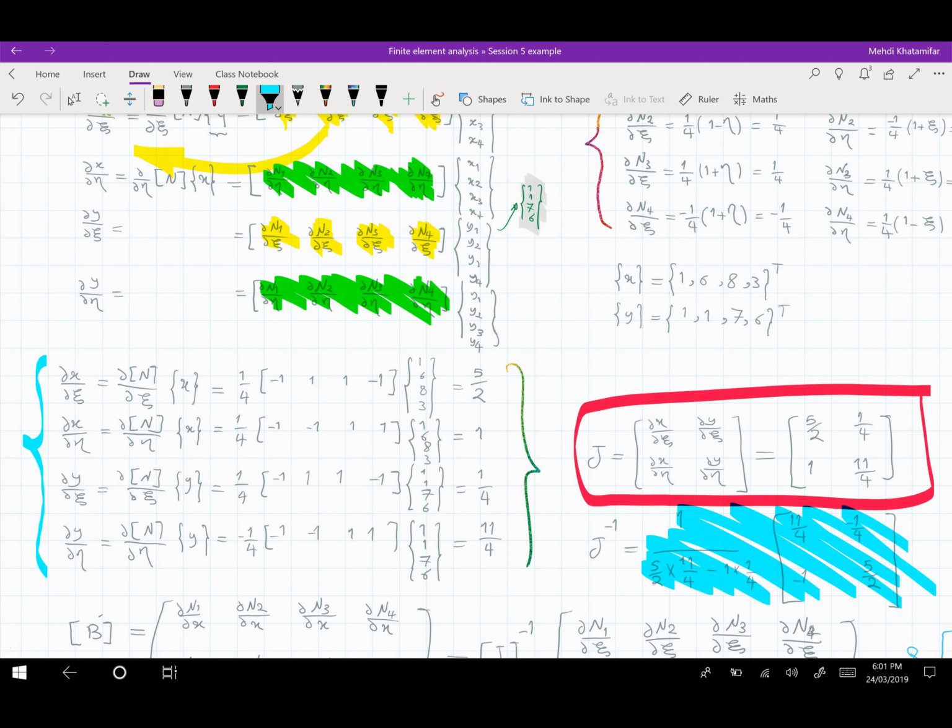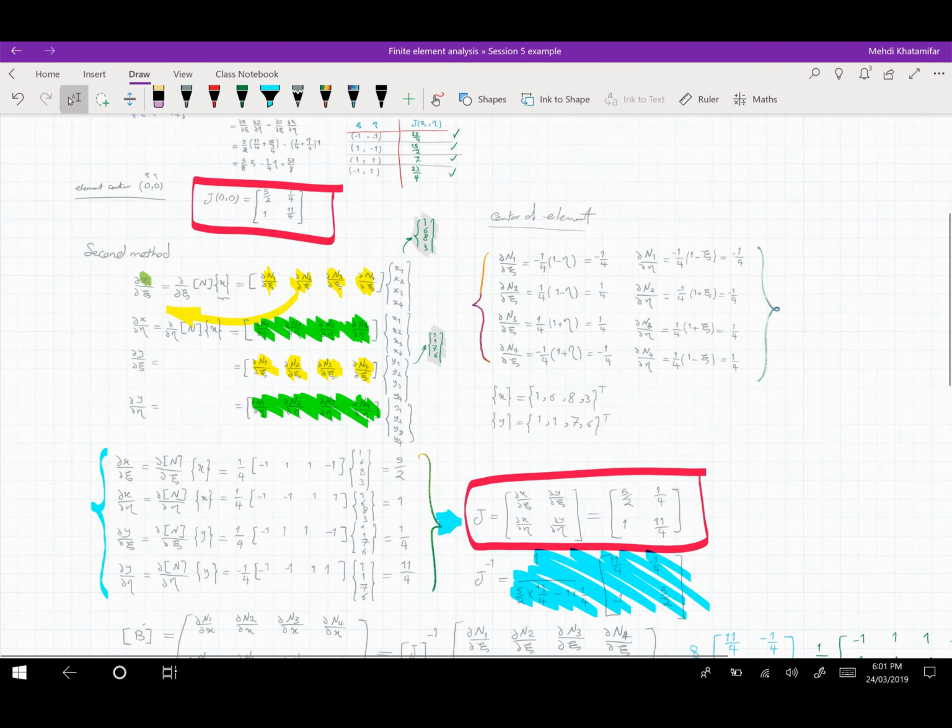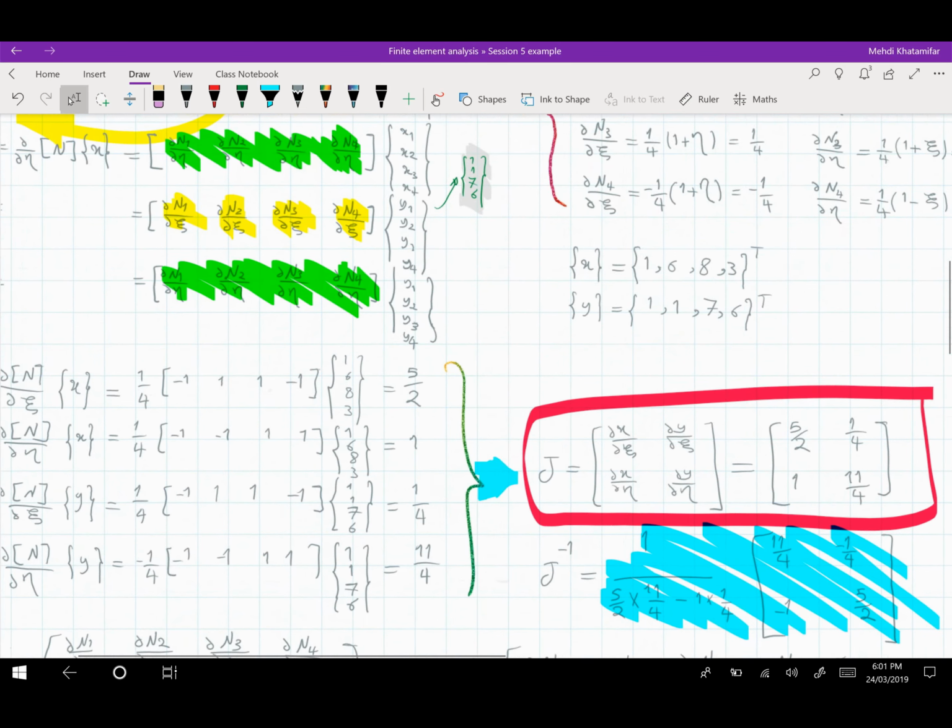So using those four terms, we could just sub them inside the Jacobian matrix, and we found this one, which was exactly similar to the previous method.